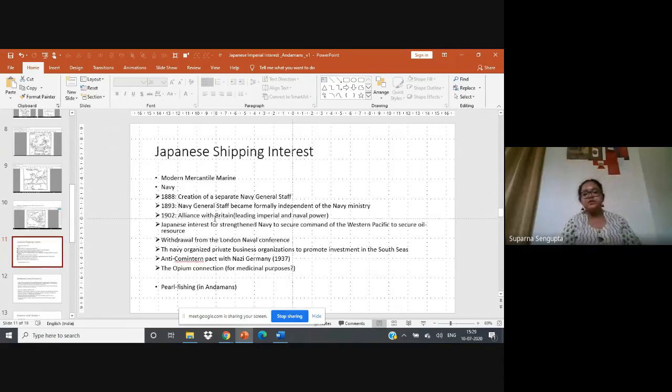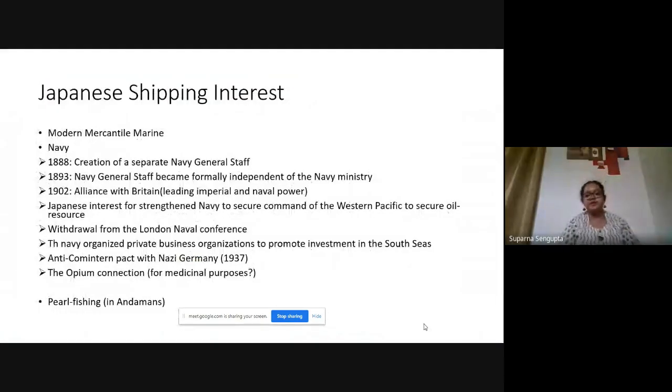which is that of the creation of the modern mercantile marine, then the creation of a separate Navy General Staff in 1888. In 1893, we have the Navy General Staff becoming formally independent of the Navy ministry. Then in 1902, Japan formed an alliance with Britain, which was the leading imperial and naval power then.